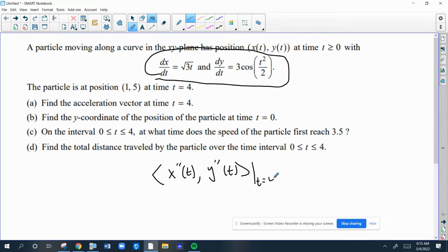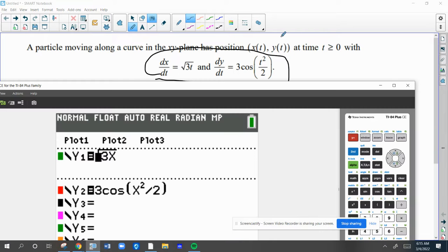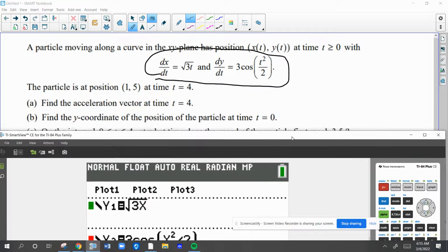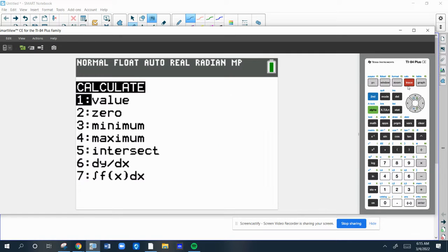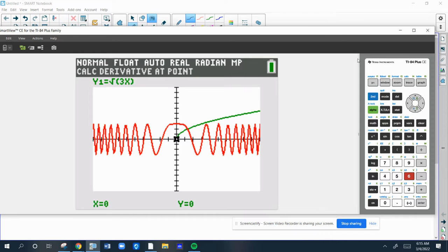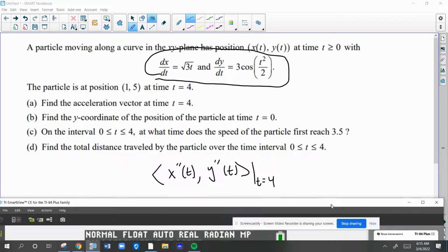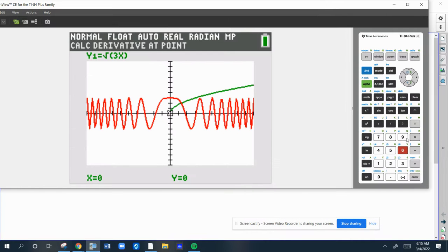It's a calculator question, so we're going to go right to the calculator. You can see that I have already plugged in these velocities, so all you have to do is calculate the derivatives at 4. So y1, I have the x. So I'll just hit 4. It's 0.433.